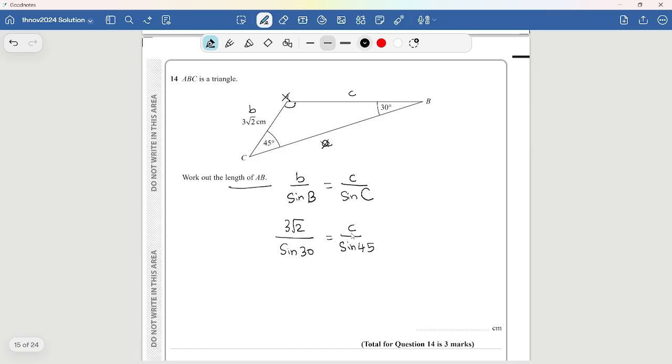Now to find c, we have to make c the subject of our equation. So we multiply by sine 45 on both sides. So this times sine 45, so I get rid of this. I have only c remaining on the right side. So on the left side, we've got sine 45 times 3 root 2 over sine 30.